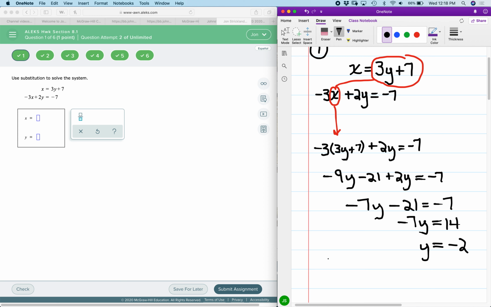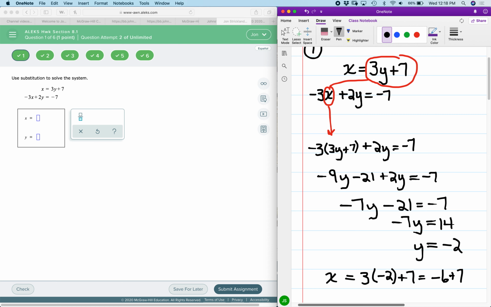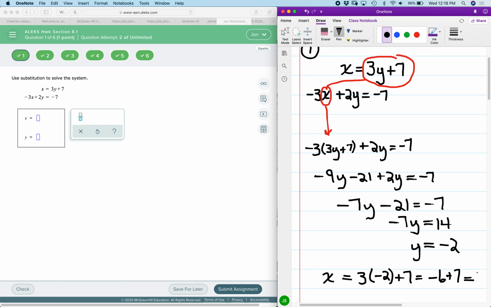Going ahead and plugging back in for x, x is equal to 3y plus 7. With y at negative 2, we have 3 times negative 2 plus 7. 3 times negative 2 is negative 6 plus 7, and negative 6 plus 7 is equal to 1.